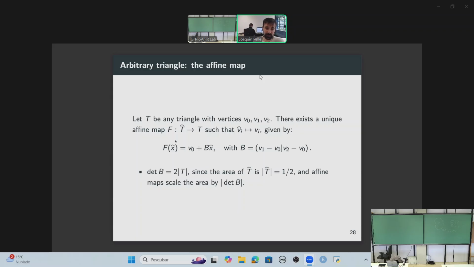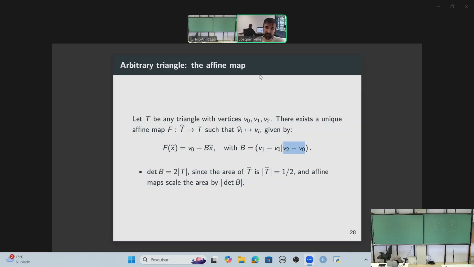And it's simply given by this expression here: the map takes any point in the triangle, multiplies it by a matrix B, which is this matrix here that I'm going to show, and then translates by b0. And this matrix B is given by, this notation here means that we have v1 minus v0 as a first column and v2 minus v0 as a second column.